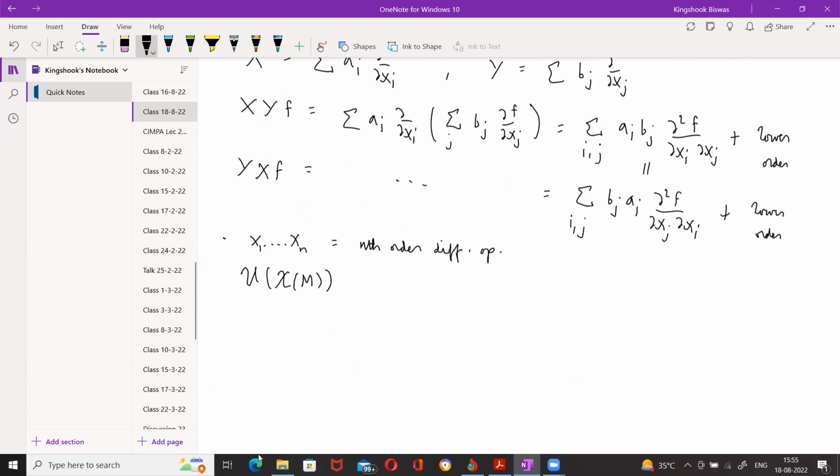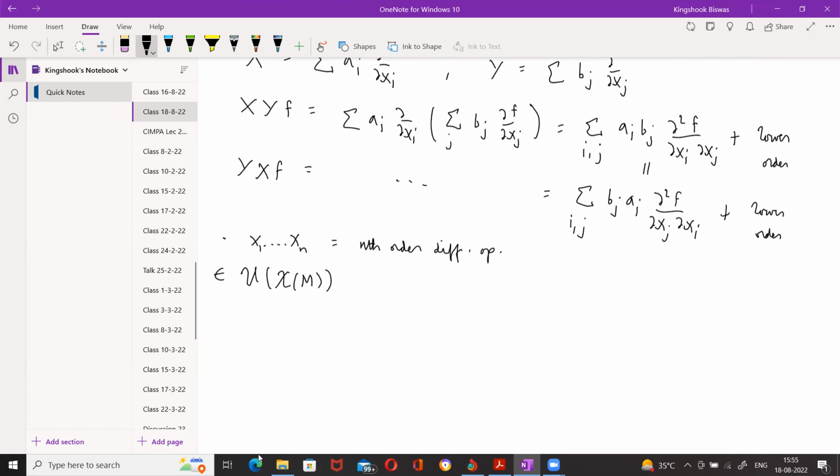This will be the algebra of all differential operators of all orders on M.